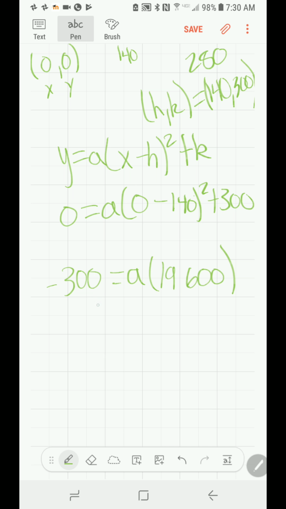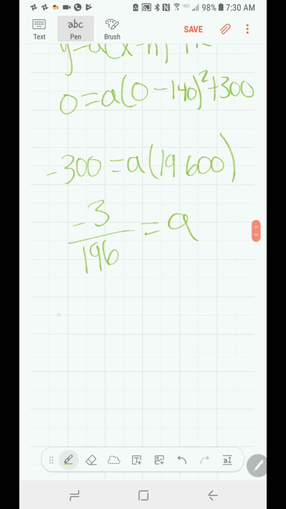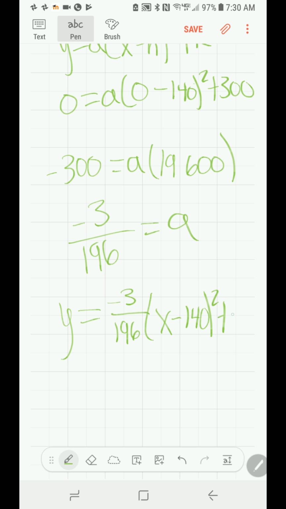And then we divide 300 by 19600, and we get negative 3 over 196 equals a. And we simply plug this back into our original equation. Y equals negative 3 over 196 times x minus h, and our h once again is 140, squared plus k, which is 300.